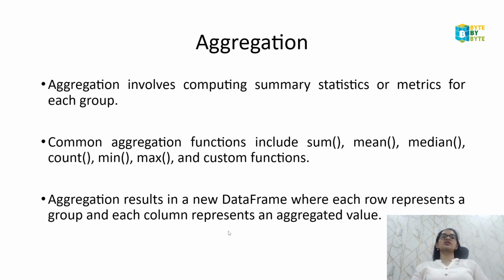So, aggregation functions are summary functions, which give you summary statistics or metrics for each group. What are the common aggregation functions? Common aggregation functions are sum, mean, median, count, min, max, and you can also write your own custom functions.